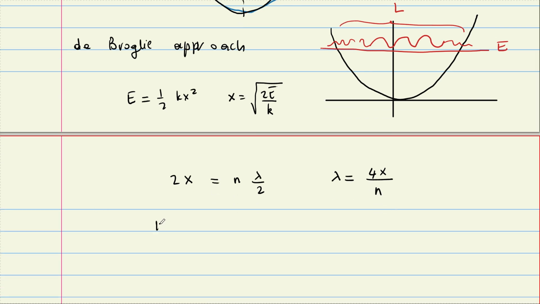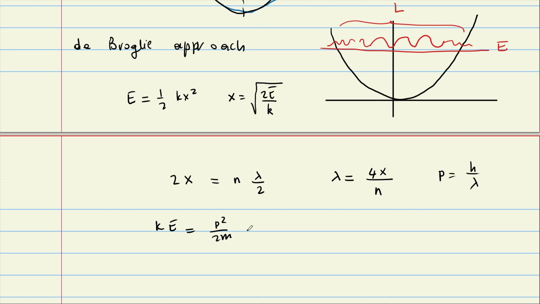So I want to look at my kinetic energy, which is p squared over 2m. Of course, in this case it is not a free particle, it's inside a wall, so the kinetic energy is not exactly p squared over 2m. But I want to make an approximation without difficult calculations. For p, I'm going to use h over lambda, that's the de Broglie relation.